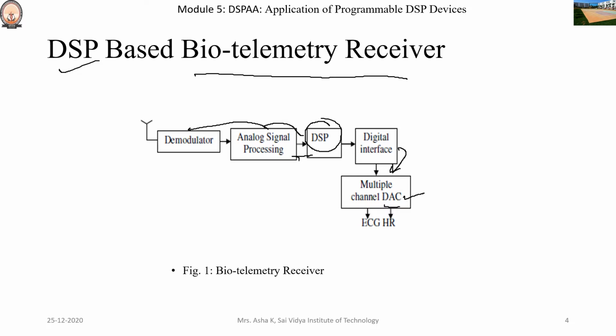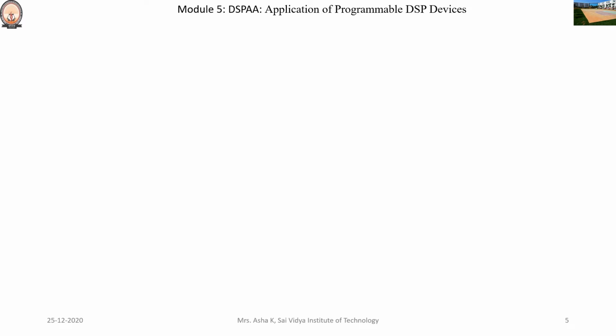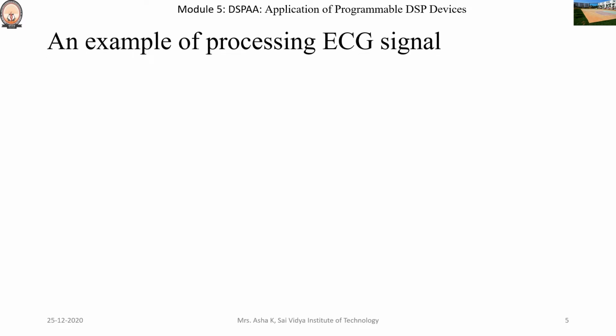After processing through the digital to analog converter, biomedical signals such as electrocardiogram or heart rate will be the output of the DSP-based biotelemetry receiver. An example of processing the electrocardiogram signal is explained in this presentation.